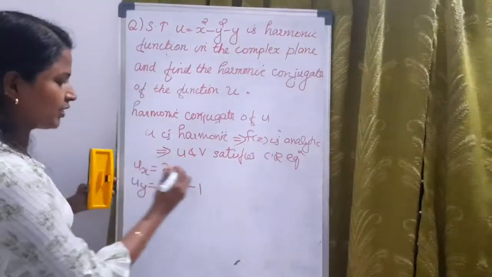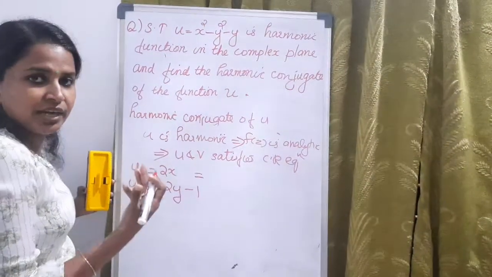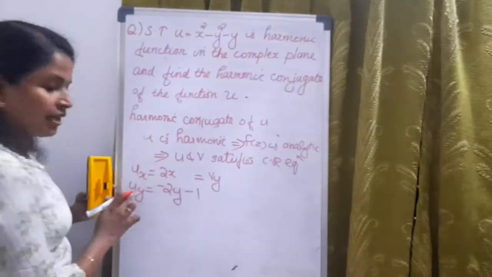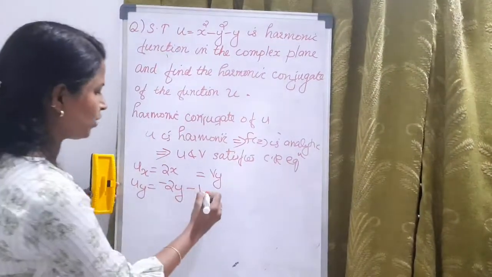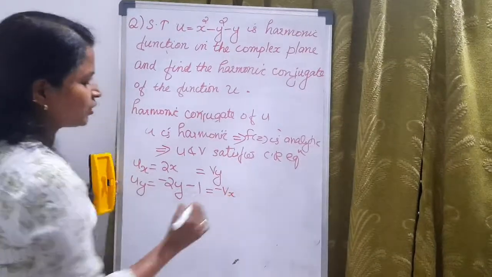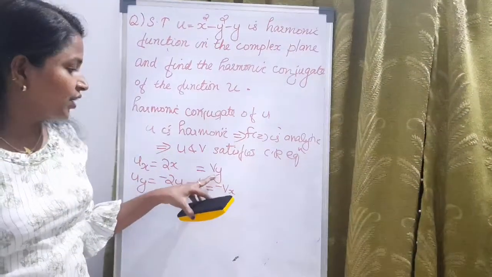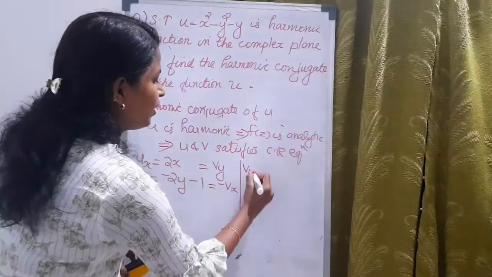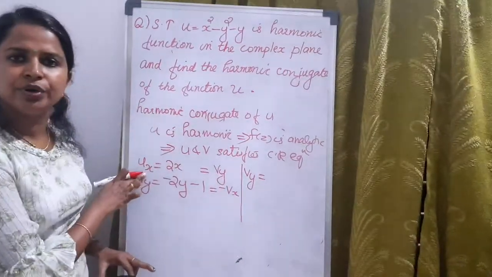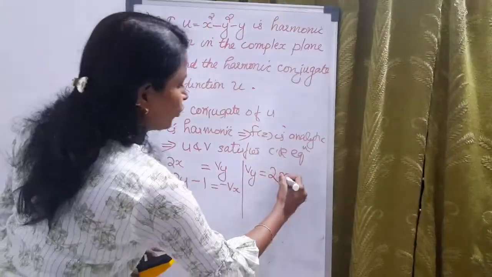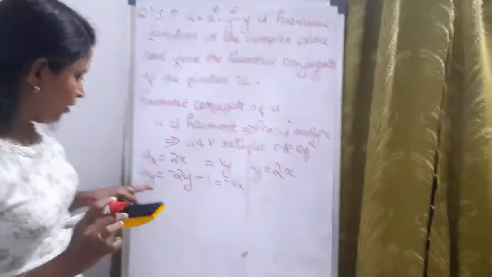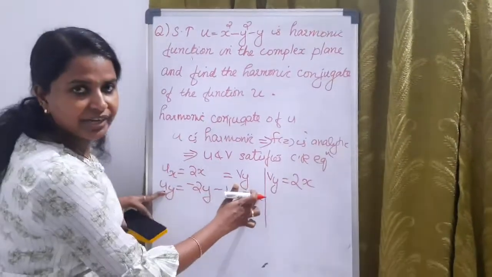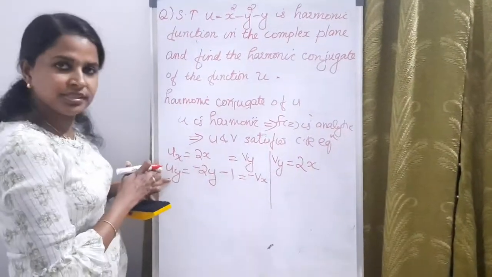What are the CR equations? ux equal to vy and uy equal to minus vx. So from here we get vy and vx. What is vy? vy equal to ux, so vy equal to 2x. Then what is vx? uy is minus vx, or vx equal to minus uy.